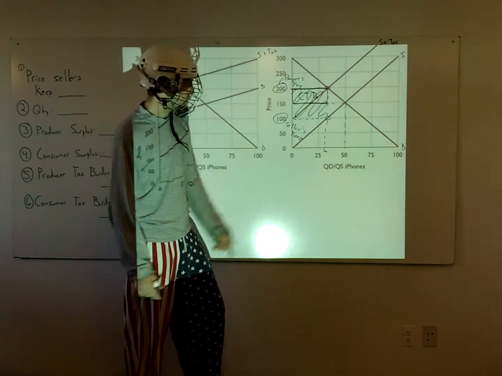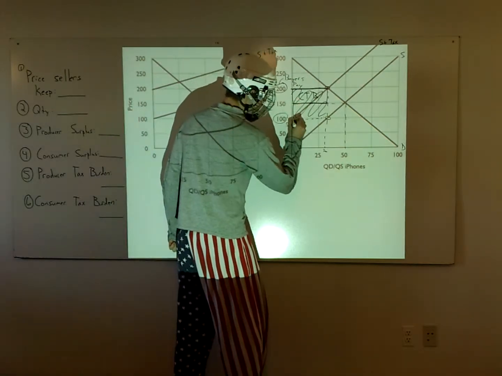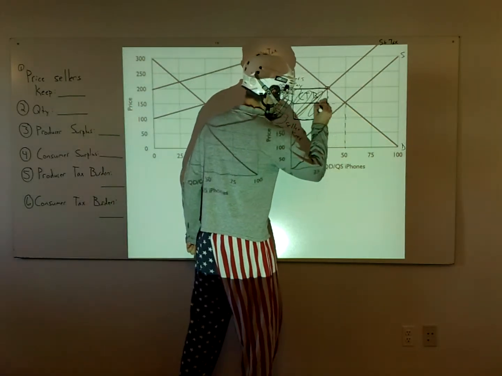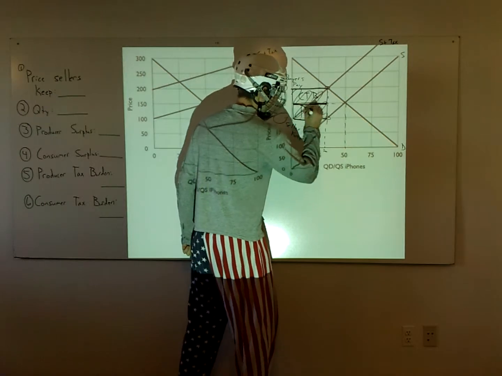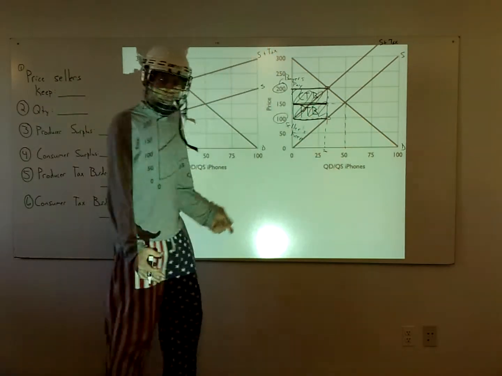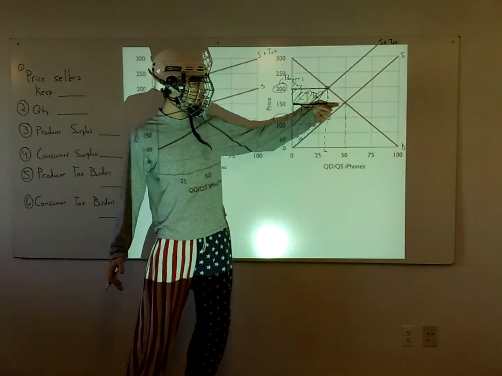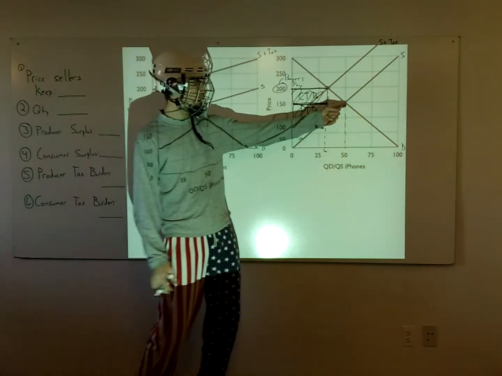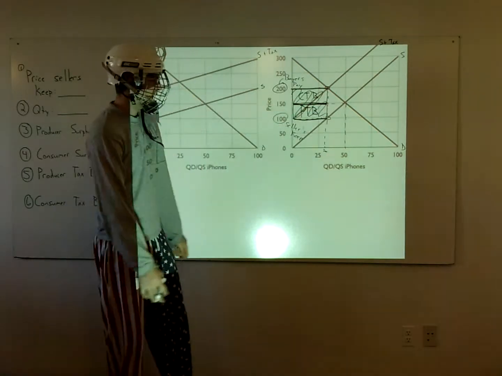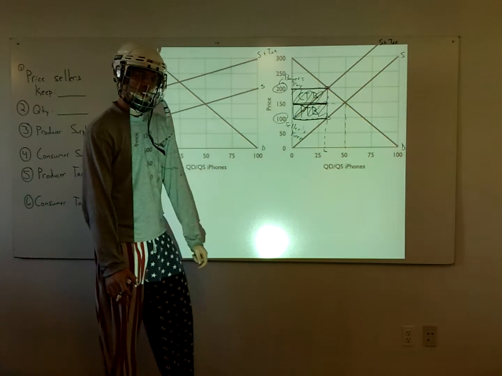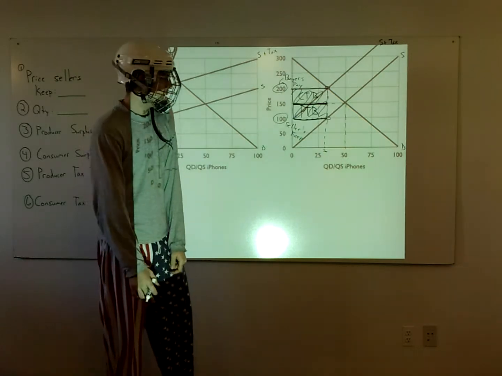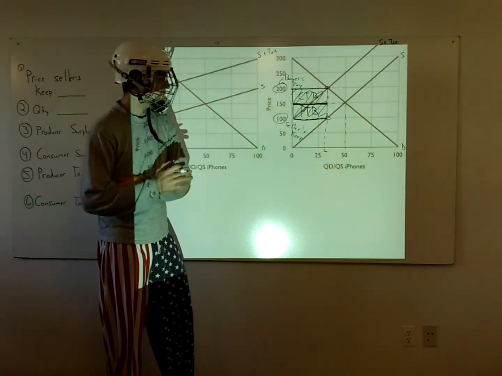And so 50 by 30 here again, so this bottom box is your producer tax burden. Again, your producer and consumer tax burden is split using that original price. Now, here it's evenly shared, but not always. But before we get to that, one other thing.